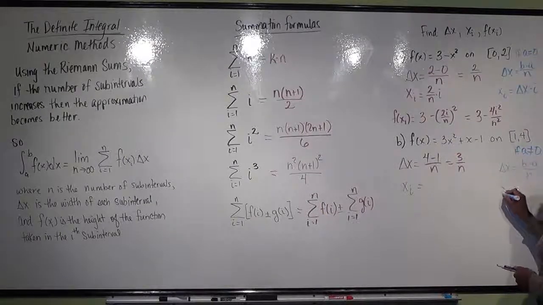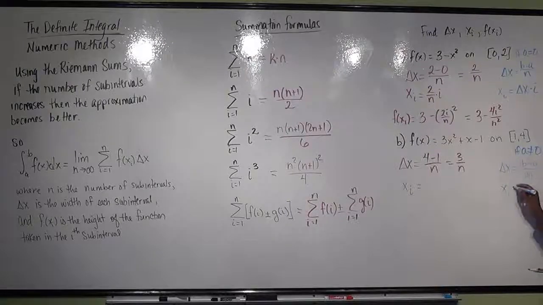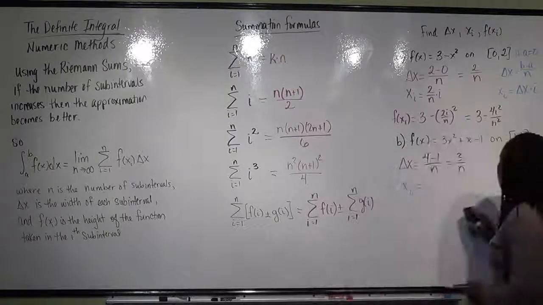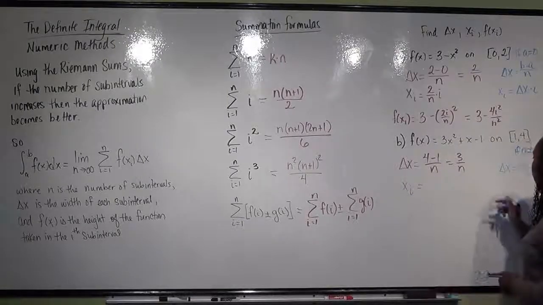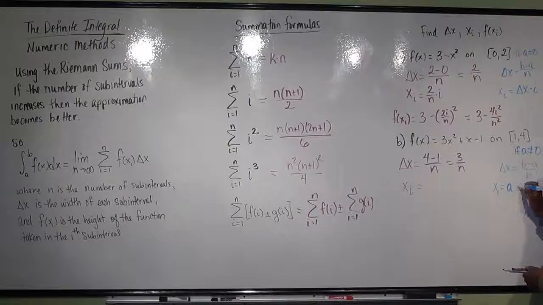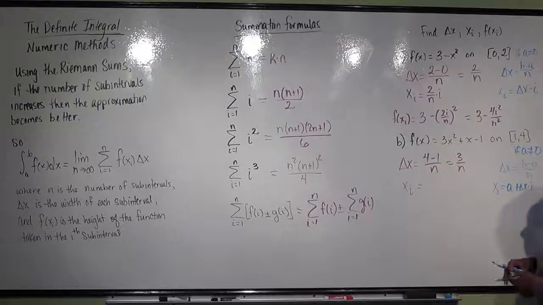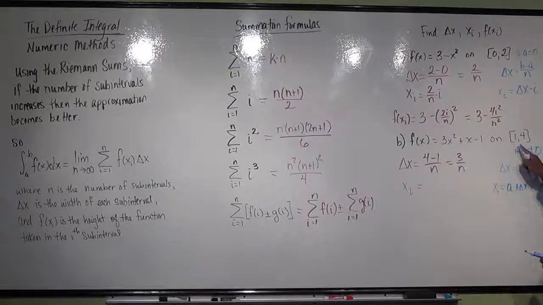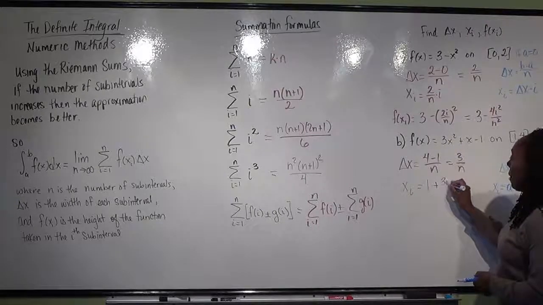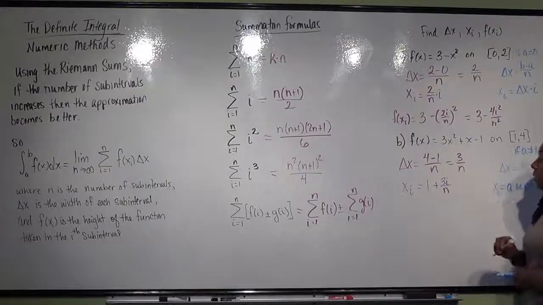So here, x sub i is going to be the start of my interval plus my delta x times i. In this case, the start of my interval is 1, and my delta x times i is just going to be 3i over n.